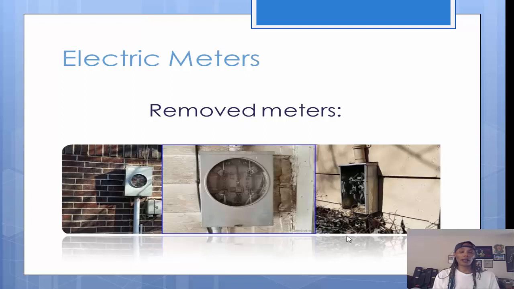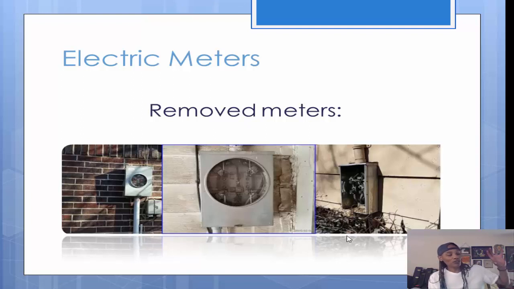This is just some more pictures of some removed electric meters, so that you'll know what to look for if you see something like that. Sometimes I've been in situations where the electric company upgraded the meters, so you'll see an empty box like that.